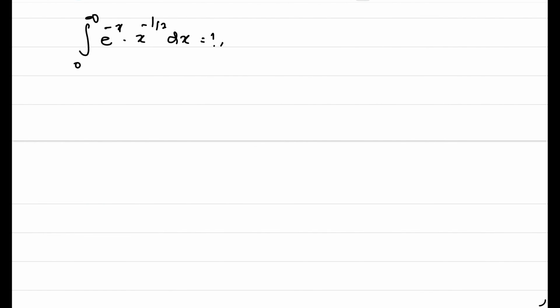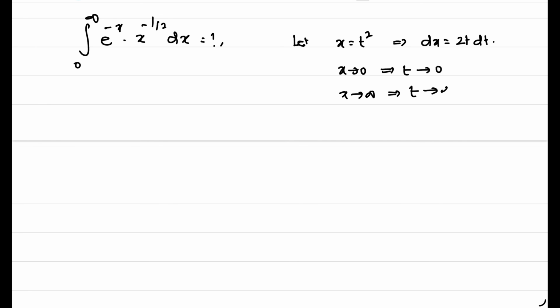To find this integral, let x is equal to t square. What happens then? Dx is equal to 2t dt. When x tends to 0, t tends to 0. When x tends to infinity, t tends to infinity. So the limits are no problem.